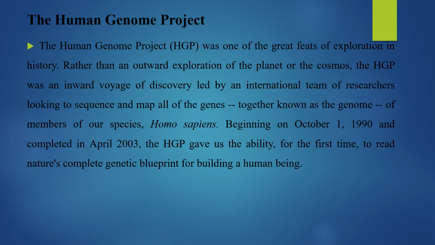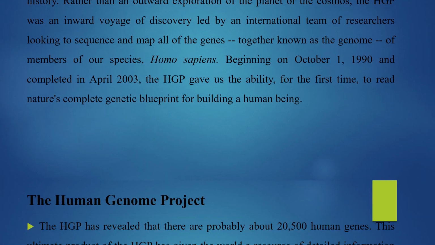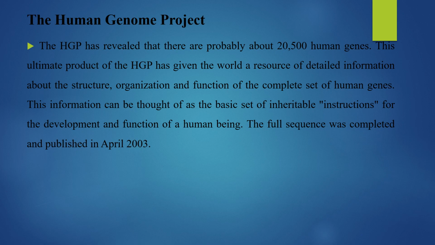The Human Genome Project gave us the ability for the first time to read nature's complete genetic blueprint for building a human being. So based on the Human Genome Project, now we know all the genes that make up the human being. Now the Human Genome Project has revealed that there are probably about 20,500 human genes.